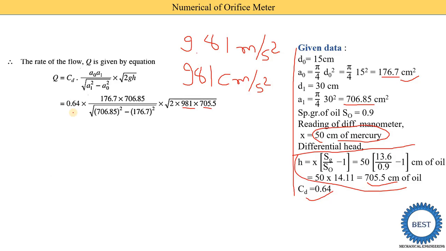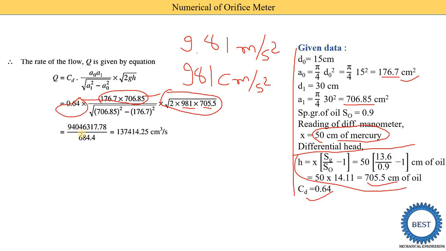Divided by under root of A1 square minus A0 square. So A1 is 706.85. A0 is 176.7. So first we need to solve this part in the calculator, and the answer is multiplied with this value of area, and after that it is multiplied with the value of Cd.